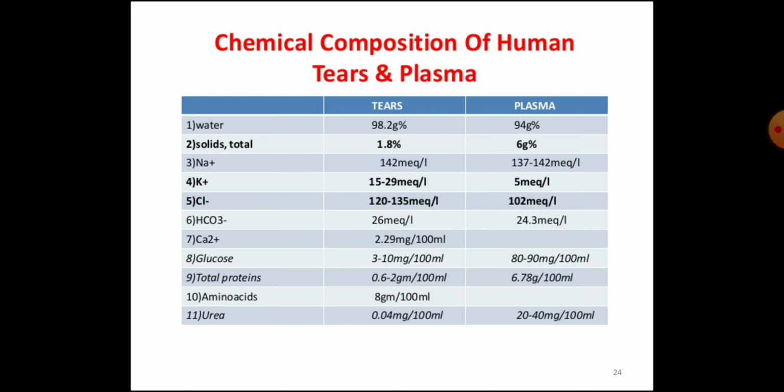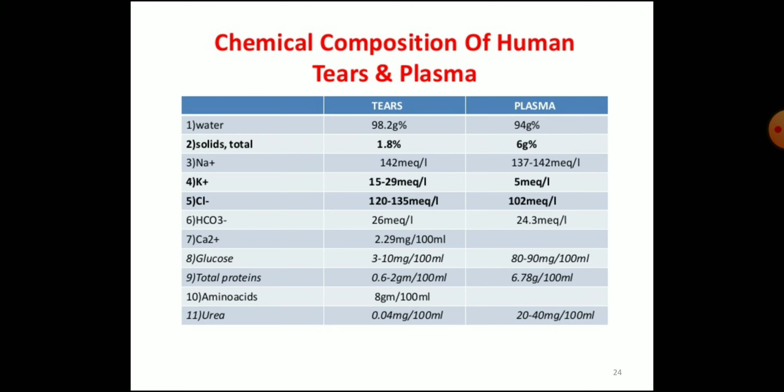Water 98.7 in tears, 94% in plasma, total solids 1.8 versus 6 gram percent, sodium 142 in tears and 137 to 142 in plasma, bicarbonates 26 and 24, chloride 120 to 135 in tears and 102 in plasma, and potassium 15 to 29 milliequivalents per liter in tears, but only 5 in plasma.